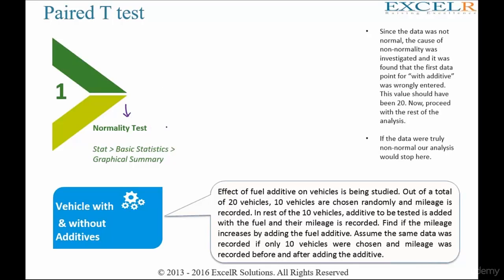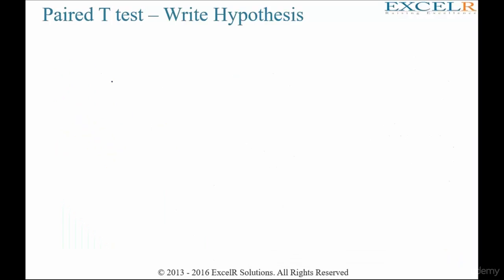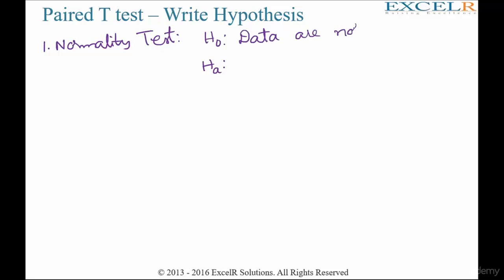And we know how to write for normality test. Here, let me write it down, normality test. We need to write down null and alternate hypothesis. Null hypothesis says data are normal. Alternate hypothesis says data are not normal.